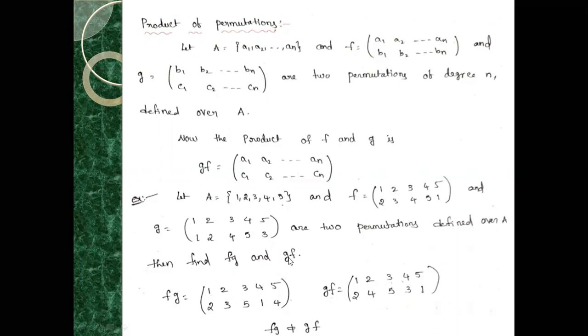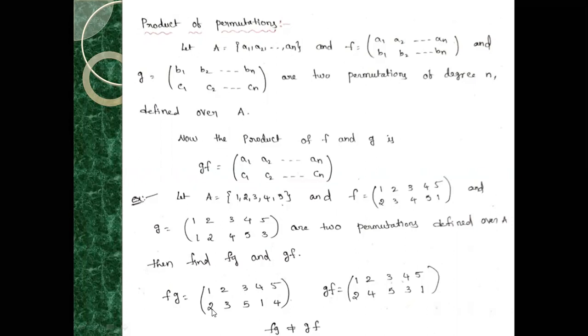First we find FG. We compare with G. So first we write the first row of G, which contains 1, 2, 3, 4, 5. Next, compare these elements in G to F. So 1 to 1 in G, and after that we compare in F: 1 to 2.